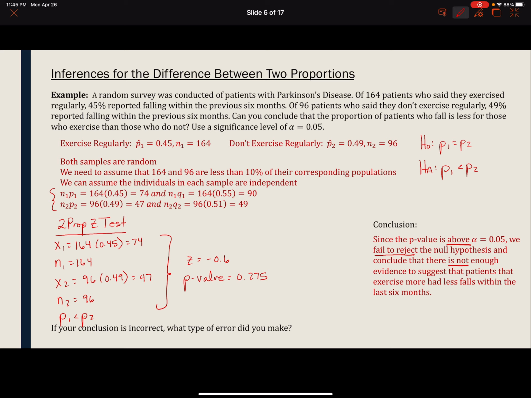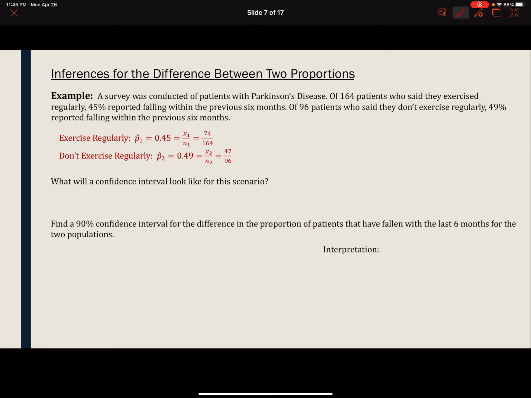So typically, we would find a confidence interval when we reject the null hypothesis and show that there's a difference. But I want you to see what a confidence interval looks like when there is no difference between the proportions. We saw the first confidence interval for what it looks like when there is a difference and P1 is bigger than P2. So now we know that there is no difference.